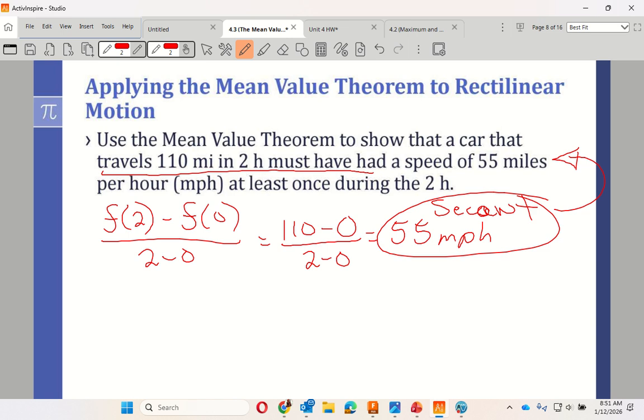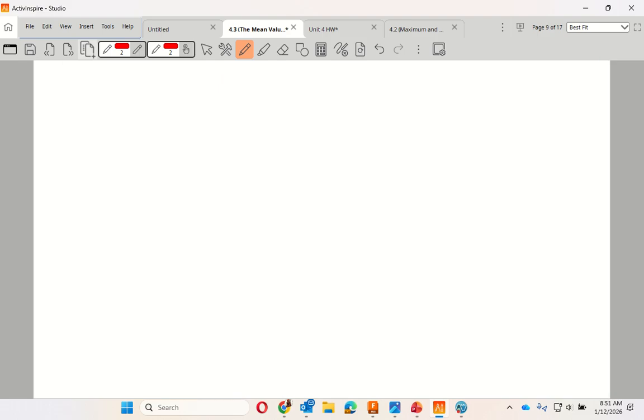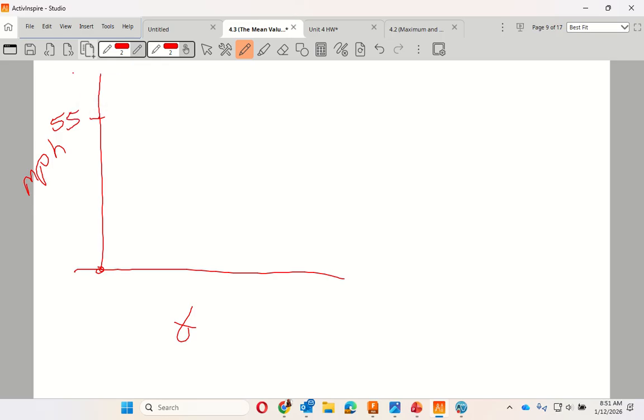So if I were to draw a line, so here's Blade. Starting off, right here, he doesn't start off at 55 miles an hour. He starts off right here at 0. So at some point, he's going to go faster than 55.